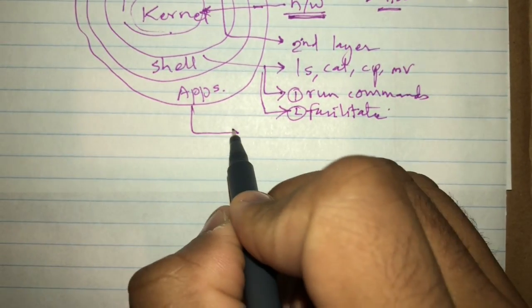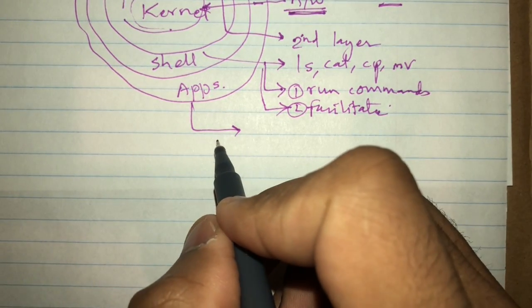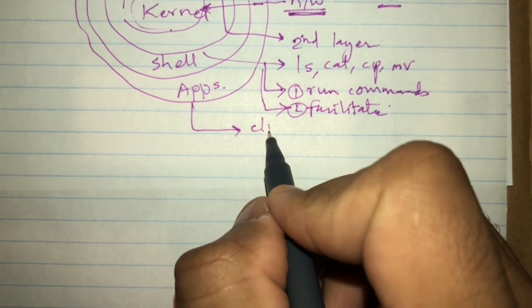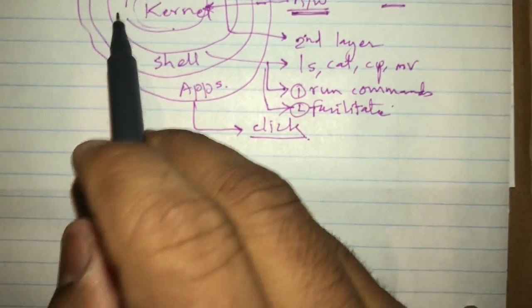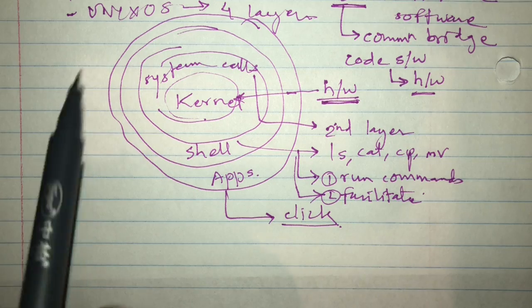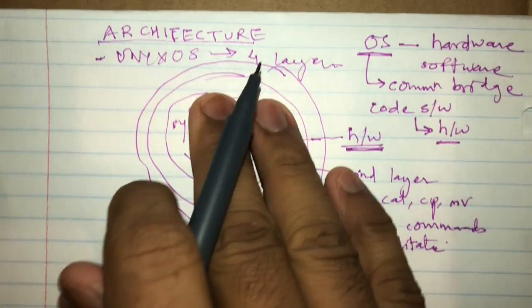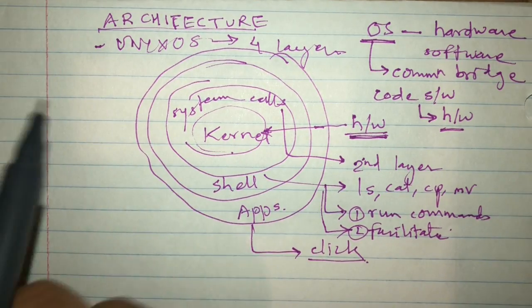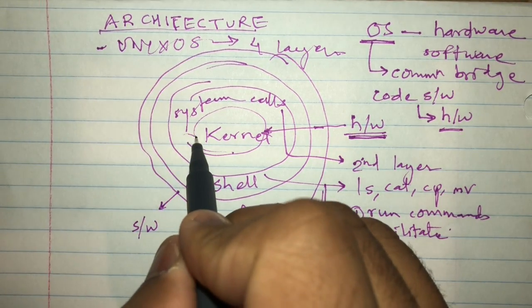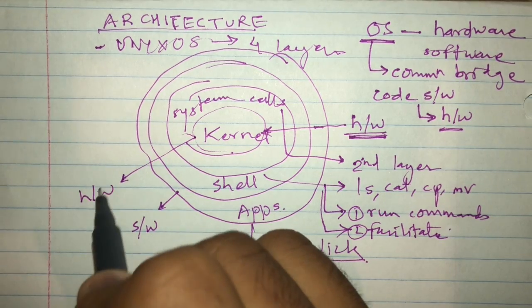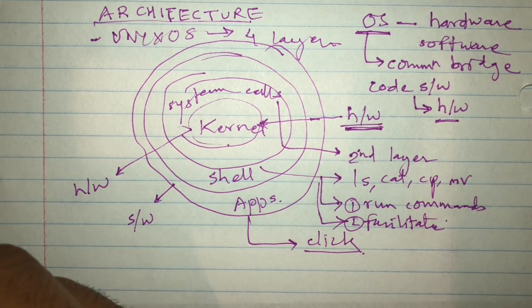Application programs are the outermost layer, you can call it the user interface of an operating system. If you click a button, it triggers some code at the back end, and that's how the shell, system calls, and kernel get their respective commands to execute. It's not given on the internet, but you can treat the outermost layer as software and the innermost layer as hardware. This is just for analogy purposes.